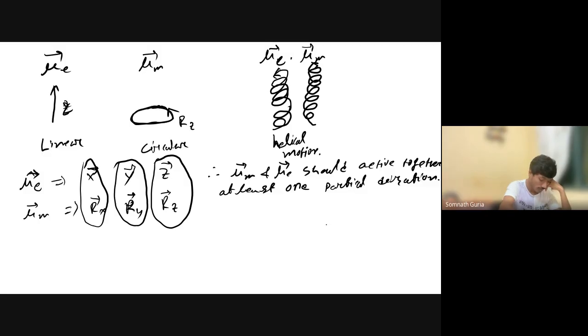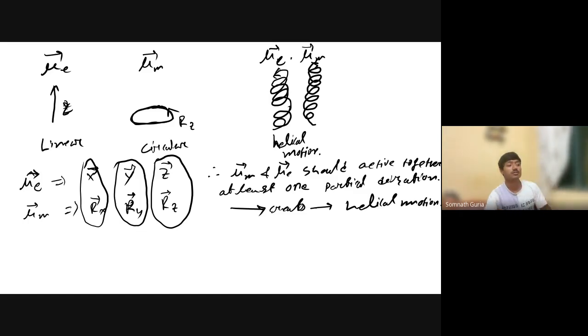Okay, which creates helical motion. So if a chiral molecule is there, then they have the helical motion of both.